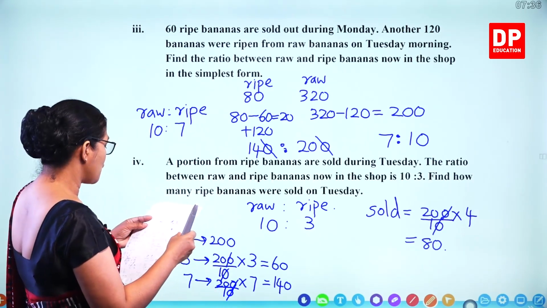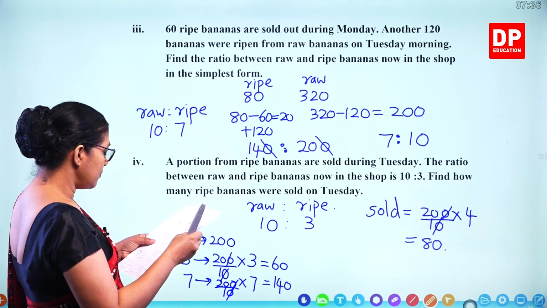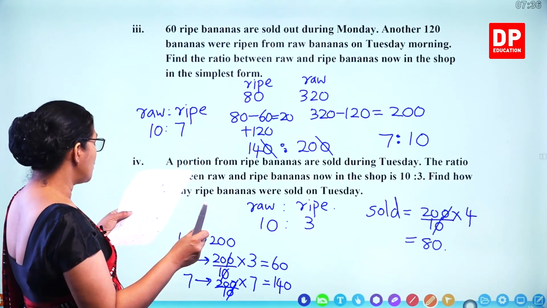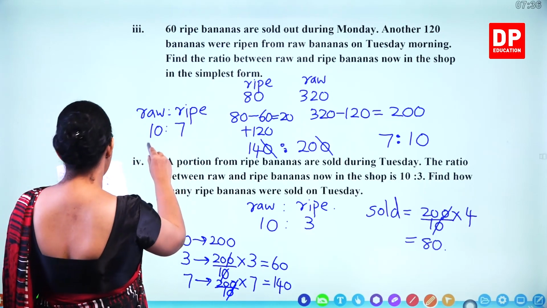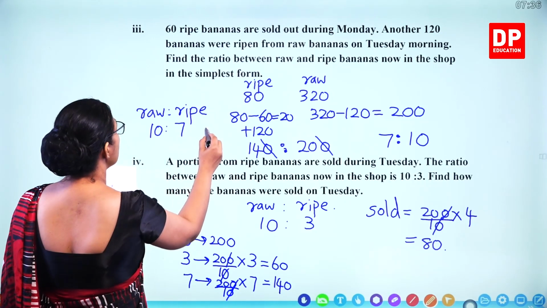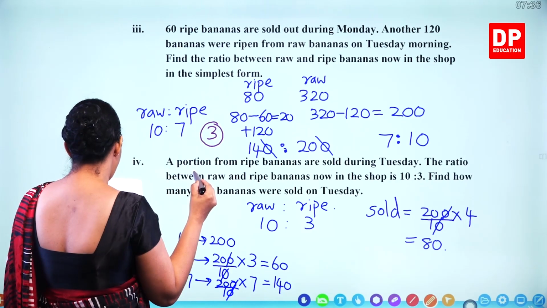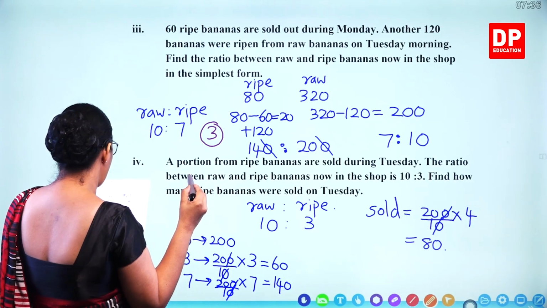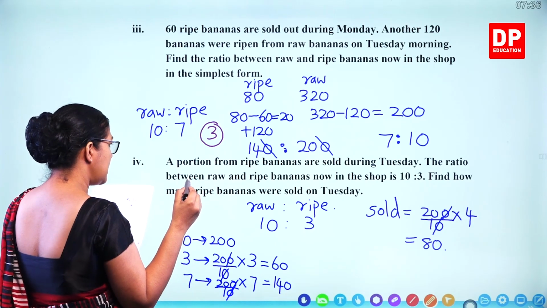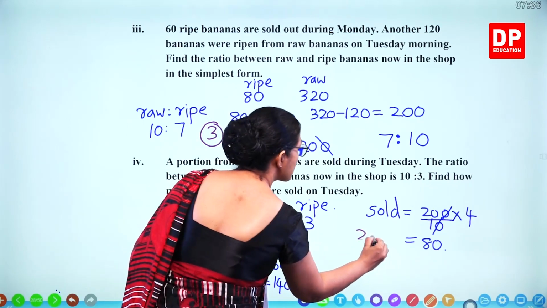So how many marks for this one? You get 7 here, 10 here, or 10 to 7. That's 3 marks. And fourth part, 80, that's 2 marks.